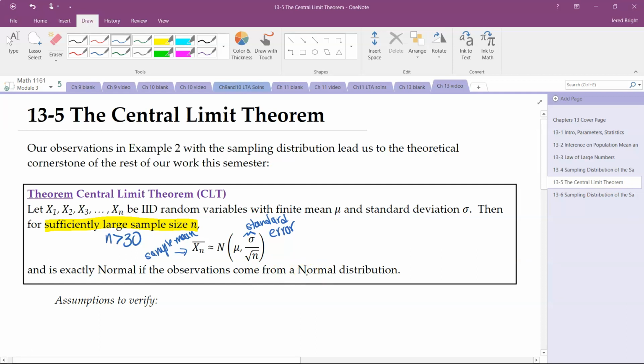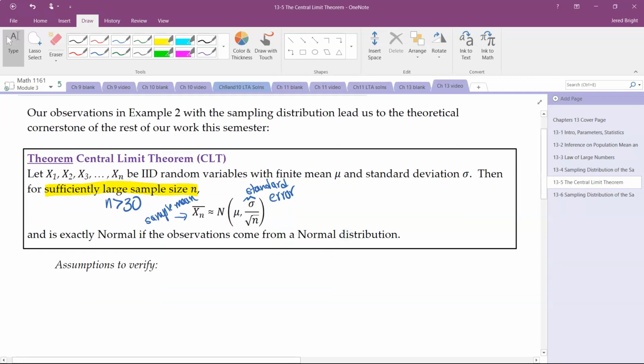So in order to do this, there's a few things that we have to verify. First, we have to verify that the xi's, our observations, are IID, so we're getting them independently and they're identically distributed. Really, if you have an SRS, that satisfies this piece. So that's one way to check it. If you have an SRS, you're going to have IID.